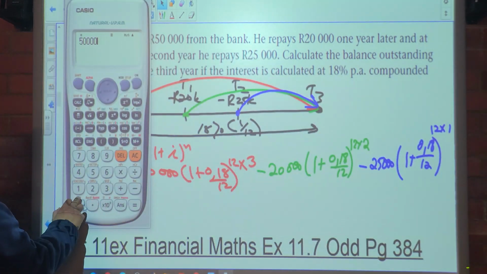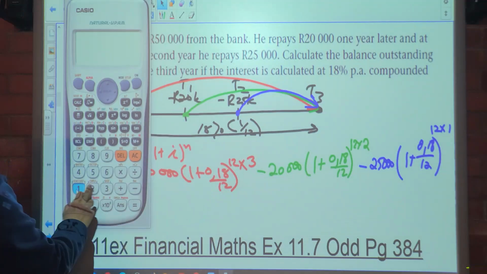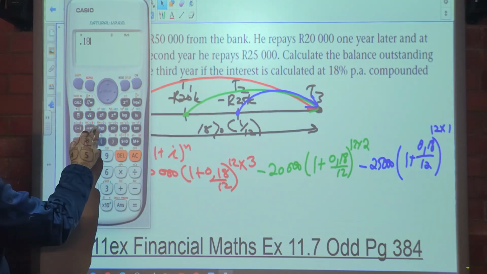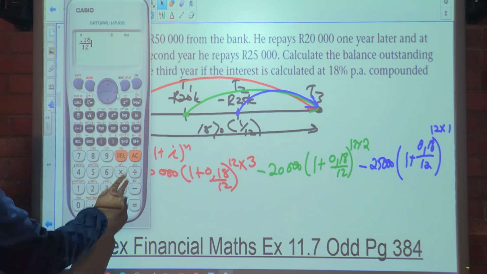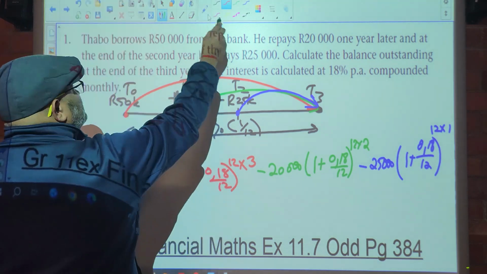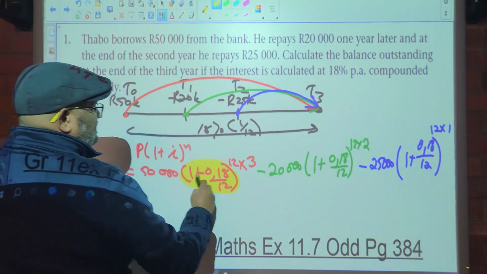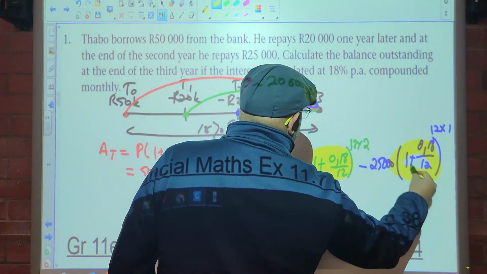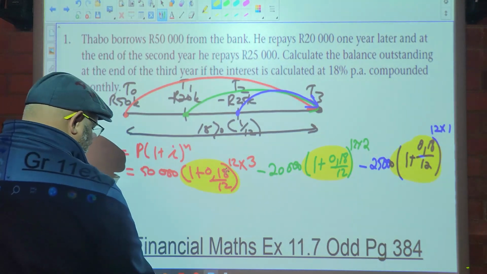So you got 50,000. Okay. I'm going to put this in the calculator. So it's 1 plus 0.18 over 12. Alright. So whenever I press answer, the calculator will read this calculation, or what that answer is. Okay.